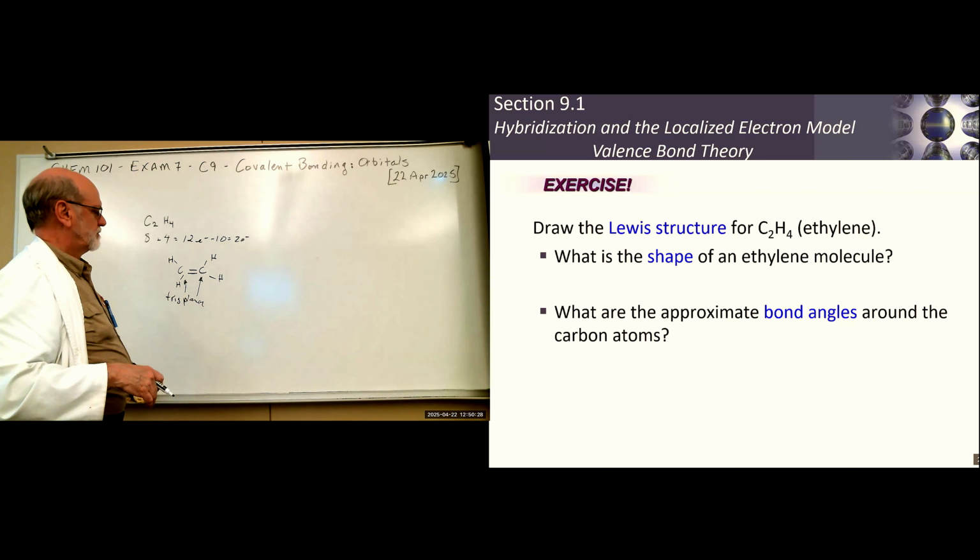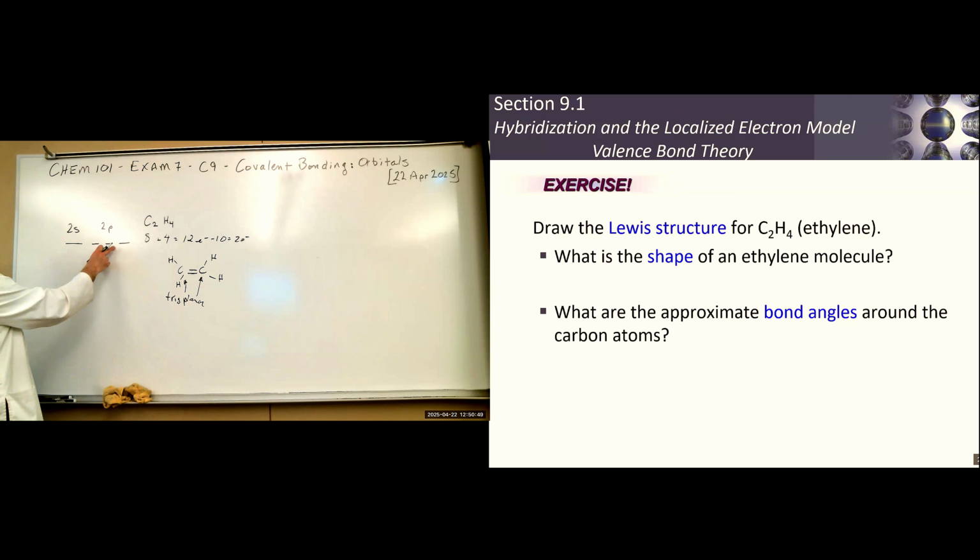Well, as it turns out, with 2s and 2p's, if you want 3 equivalent hybrid orbitals, you only need to use 2 of these p orbitals. And we start in the low energy and work our way up. So we use this one for sure, and then only 2 of those. So now we get an s and 2 p's. So that's our hybrid orbitals.